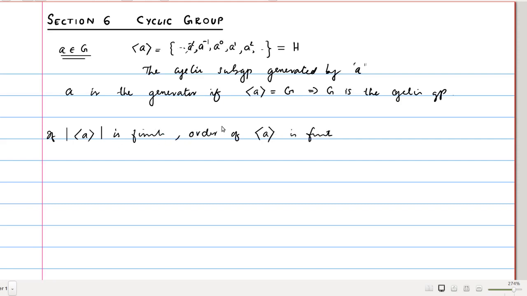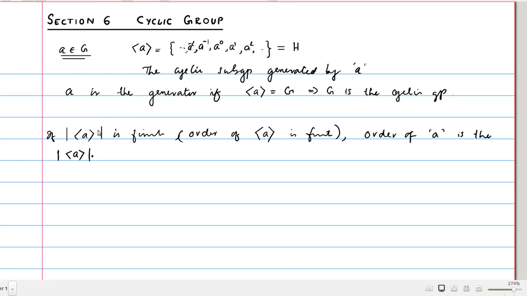If this is the case, then we say that the order of a is the order of the subgroup. Using this idea we define the order of an element, instead of the order of a subgroup or order of a group. We have already defined the order of a subgroup, which is nothing but the number of elements of that subgroup.